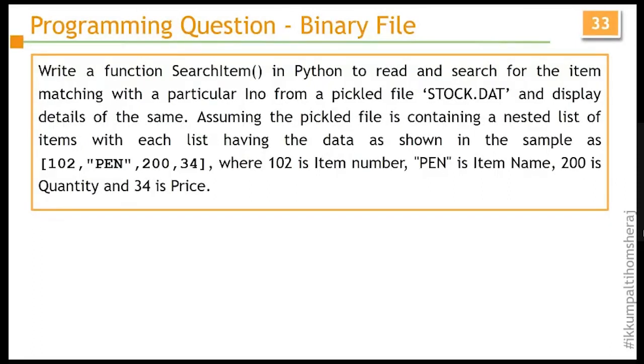Assuming the pickled file contains a nested list of items with each list having the data as shown in the sample as 102, pen, 200, 34, where 102 is the item number, pen is the item name, 200 is the quantity, and 34 is the price. So accordingly, he knows that the very first element of the list which will come out from the pickled file is going to be treated as the item number, and it will be matched for searching.